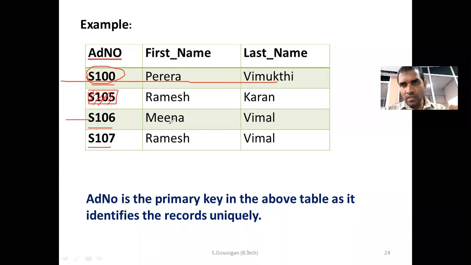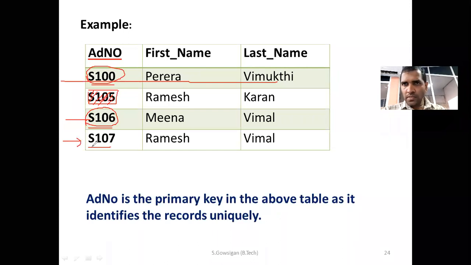To identify the third record, I can use the word S106. In the real world example, when I ask S106, I know that Meena stands up. So in this case, I was able to identify the person using the admission number. Look at the last one.